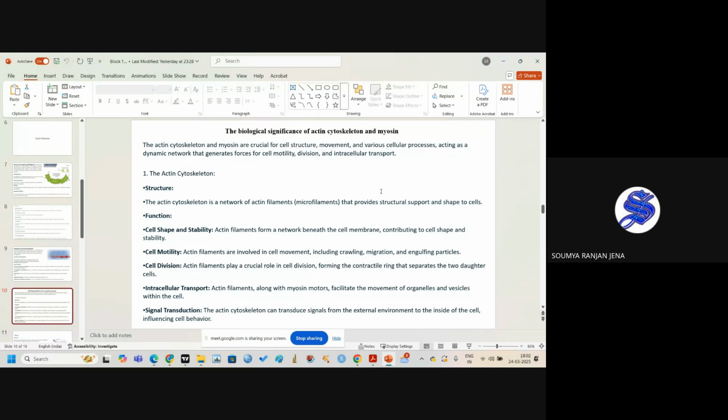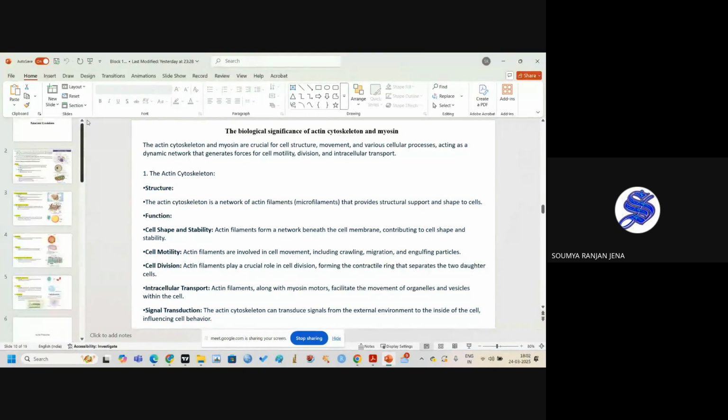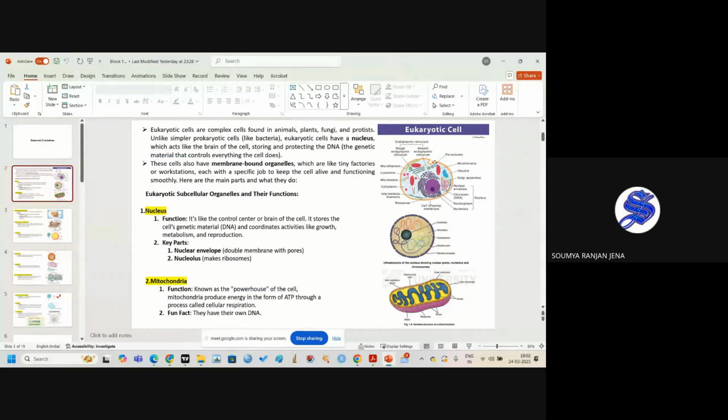This is called the endocytic process. In this process, the cytoskeleton also helps to form endocytic vesicles, and these endocytic vesicles fuse with the lysosome to kill that bacterium.